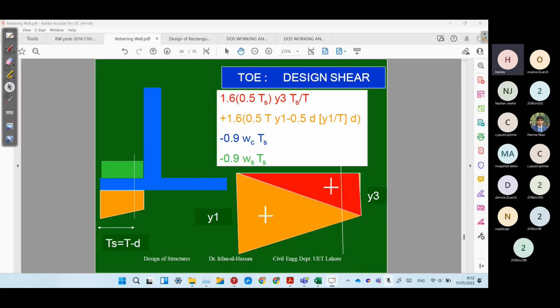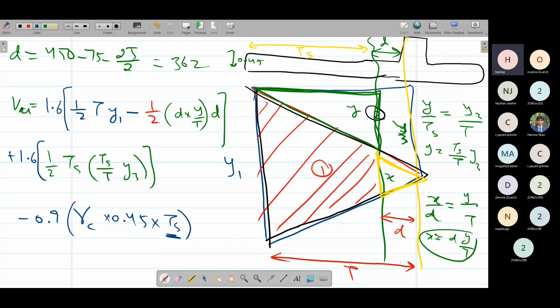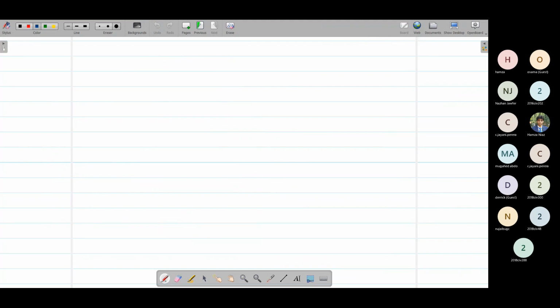Simply you can memorize this, but if you understand this, you can easily derive this in the paper. Any issue? No.